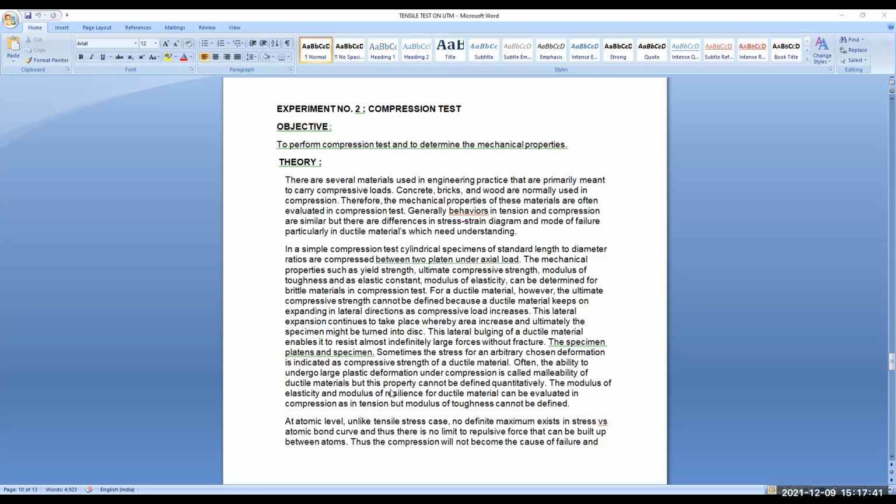So, if we take a steel rod of moderate length and compress it, it will not break, but it will expand in all four directions to form a disc.